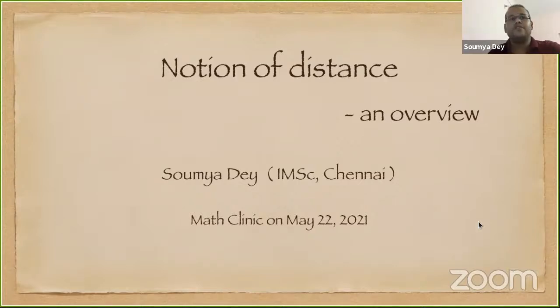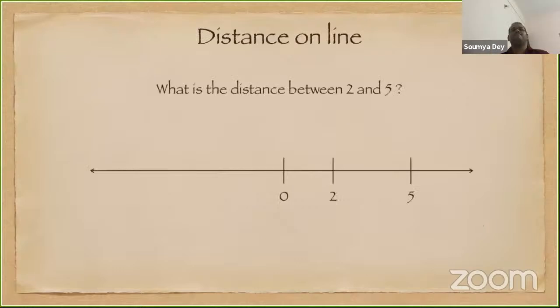So the first thing that we will start with, you consider the line, the real line. Everyone has seen this. So on the line, how do you make sense of distance between 2 points? Say if you have two real numbers, say 2 and 5 in this picture.